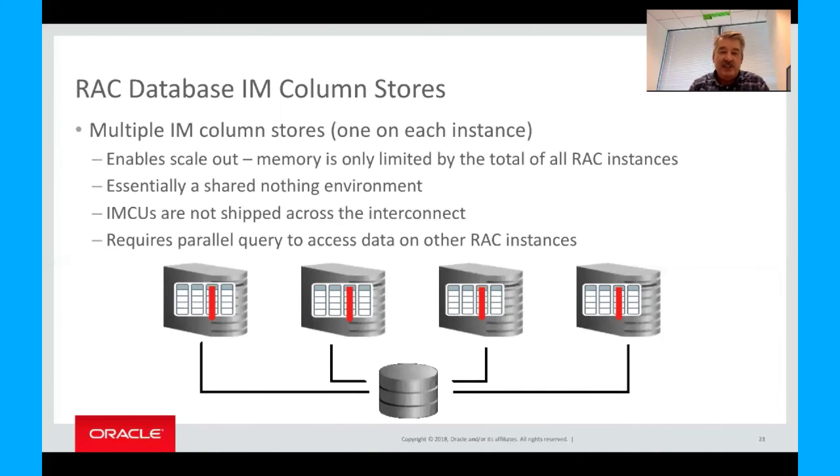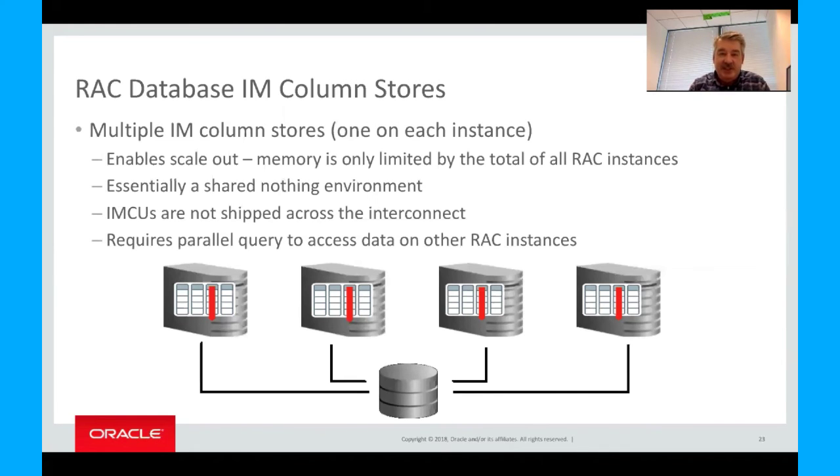So one way to expand the size of the column store is to add RAC to the mix, and you can have a column store on each of your RAC nodes in your cluster. Since we don't share data, although on Exadata you can duplicate data, for all intents and purposes, the scale out is that we don't populate the same data on each column store.